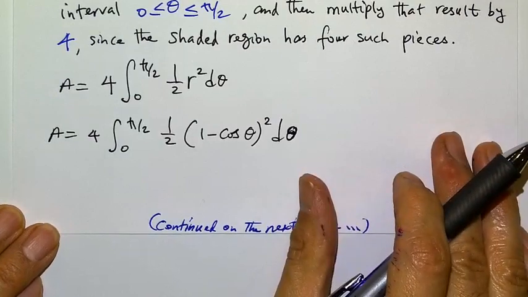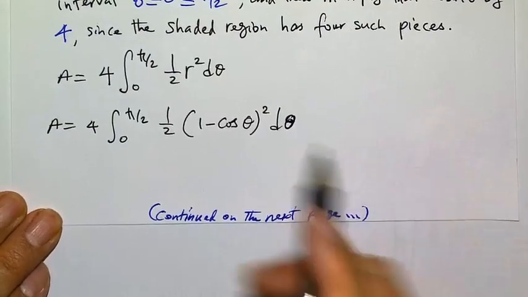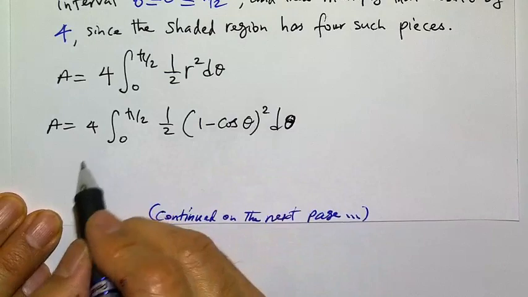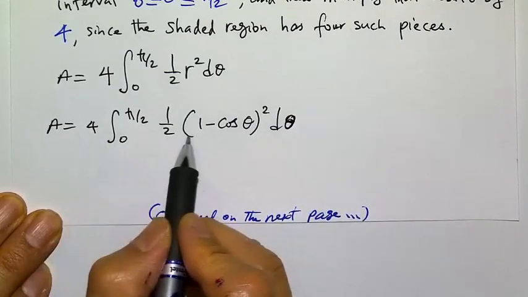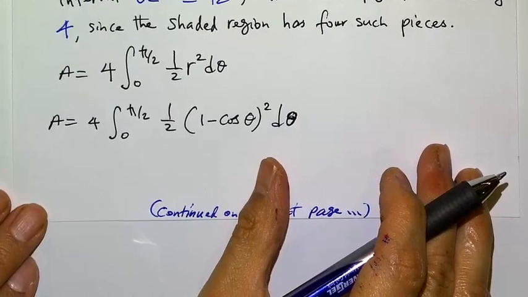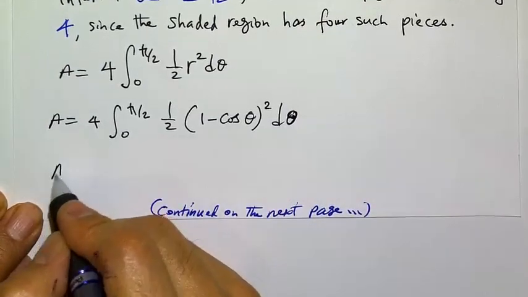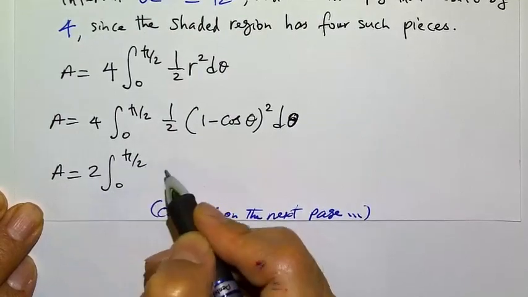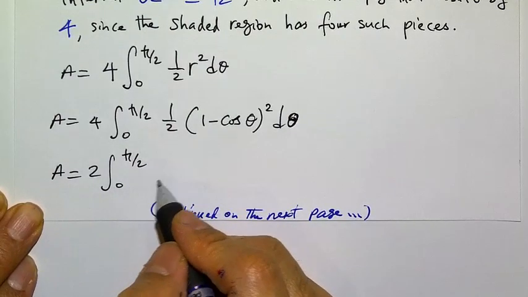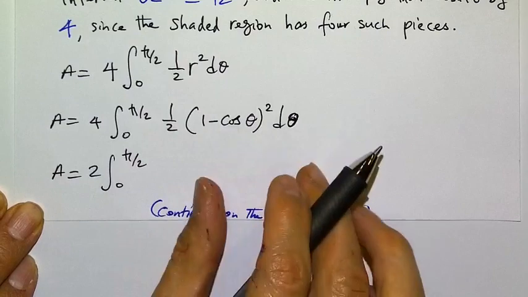All right. So what do we get after this? We have a 1/2 here and a 4 here. Multiply them, we get a 2. So we have 2 times the integral from 0 to pi over 2. And let's expand that.